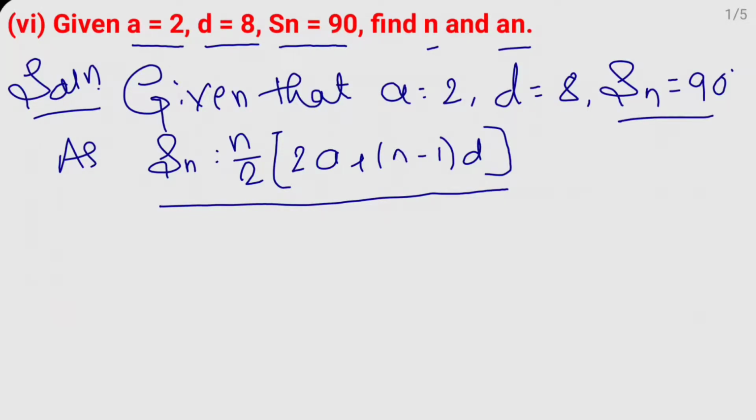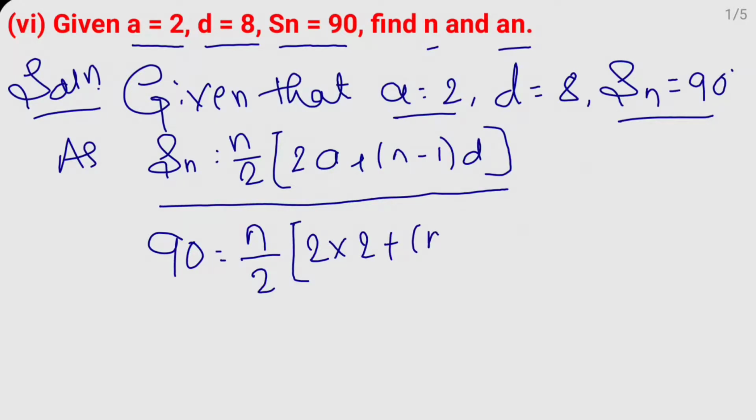So here they given Sn is 90, so 90 equal to n, we don't know, keep as it is, divided by 2. 2 into a, a is 2, plus n minus 1 as it is, and common difference d is 8. Is it clear?